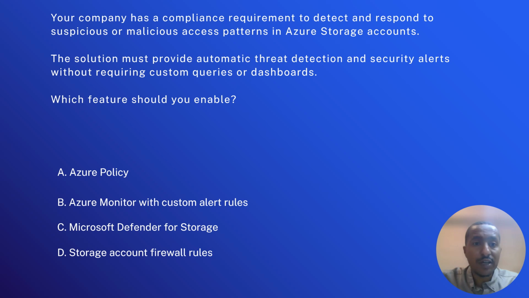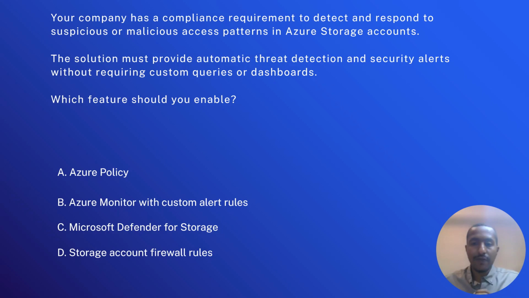Let's check option D, storage account firewall rules. If you remember from a previous question, a firewall restricts which network can connect to your storage account because it's about perimeter control, right? And this is what we need to understand, it's not about threat detection.